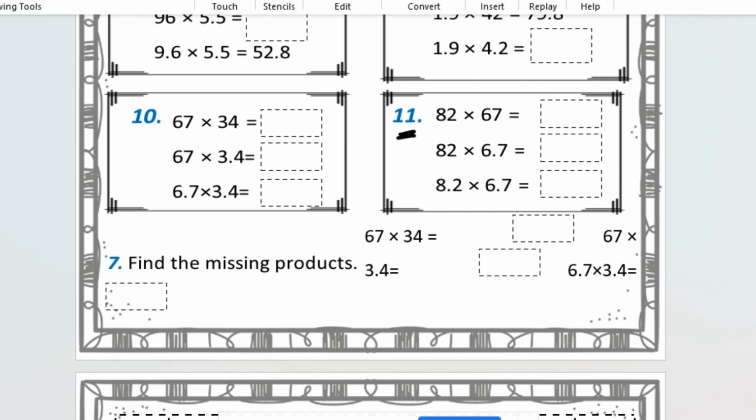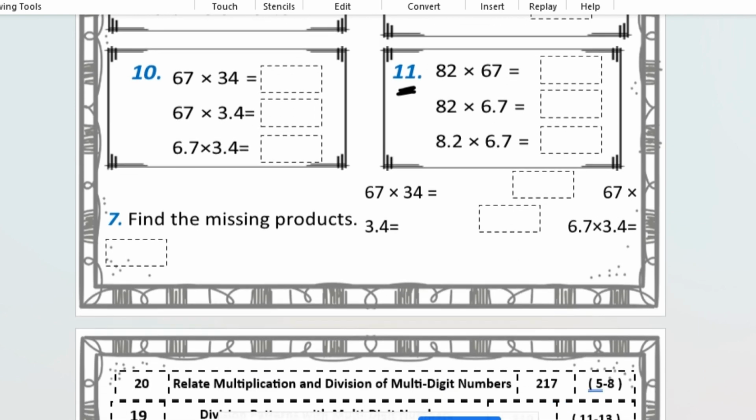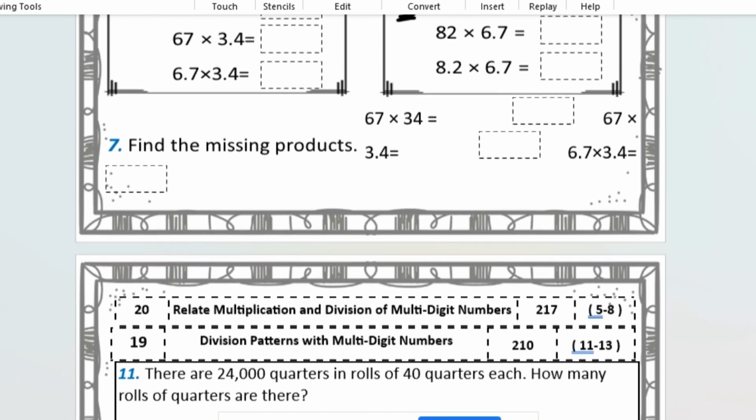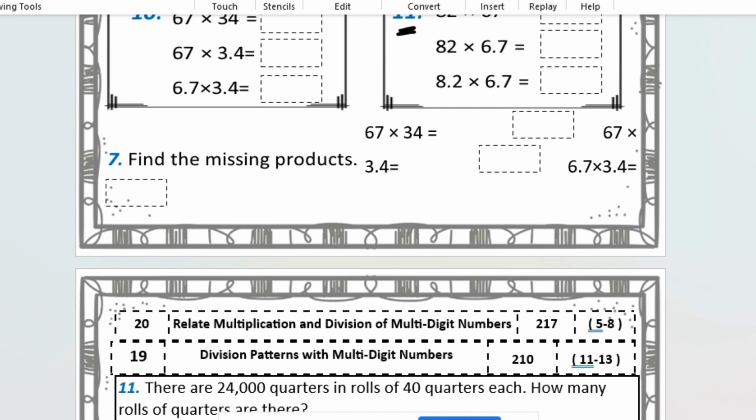Here we have 67 times 43, and 67 times 43 is what? This is two whole numbers.